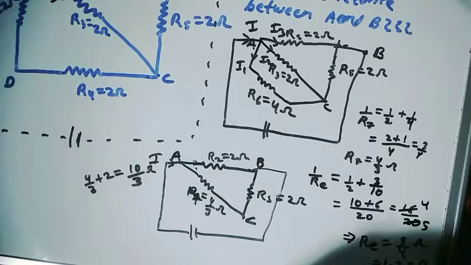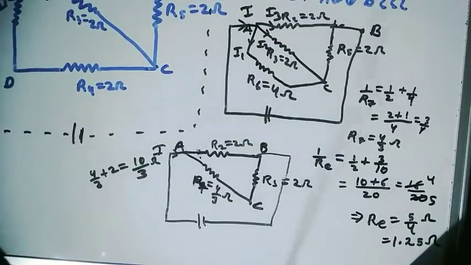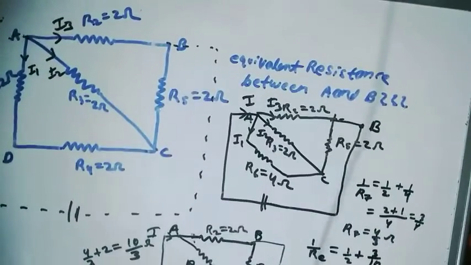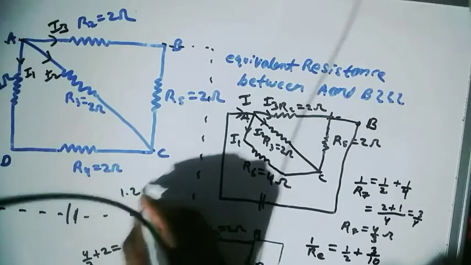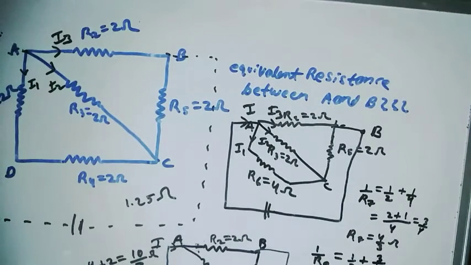Therefore, the equivalent resistance of this circuit is 1.25 ohm.